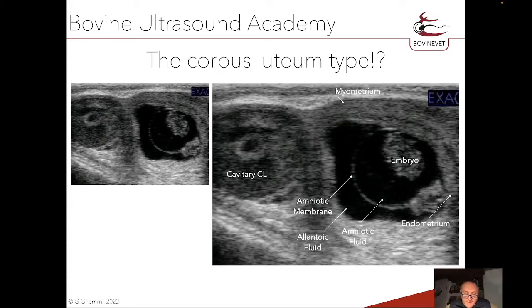Therefore, by carrying out an ultra early diagnosis at 25-27 days post insemination or an early diagnosis at 28 days post insemination, these cows are in the first 10 days of the cycle if they are not pregnant, which would justify the presence of a large number of them with a cavitary corpus luteum.